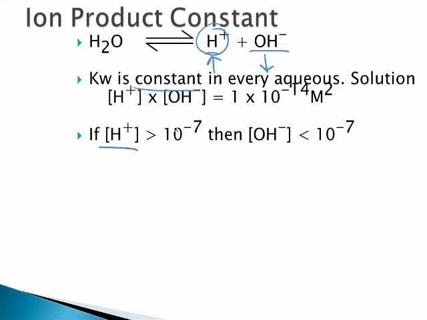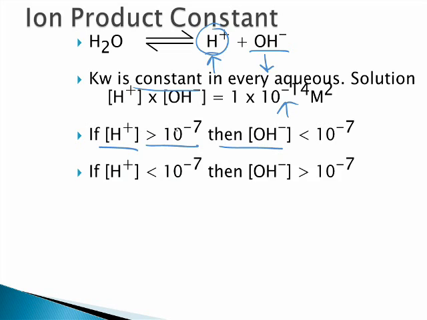If the concentration of hydrogen ions is greater than 10 to the minus 7, then it must follow that the concentration of hydroxide must be less if we're going to get 10 to the minus 14. If the concentration of hydrogen ions is less than 10 to the minus 7, then the concentration of hydroxide ions must be greater than 10 to the minus 7.